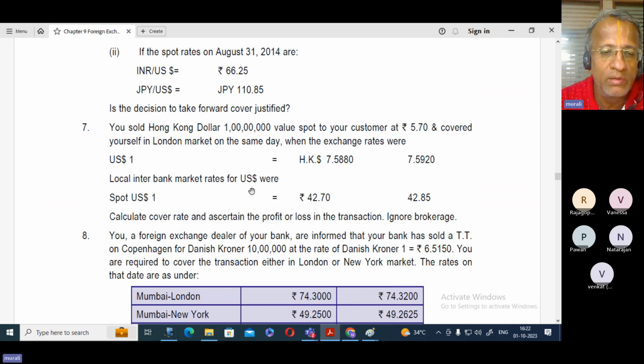Local interbank market rates for US dollar spot are 42.70 and 42.85. Calculate the cover rate and ascertain profit or loss on the transaction. Ignore brokerage.